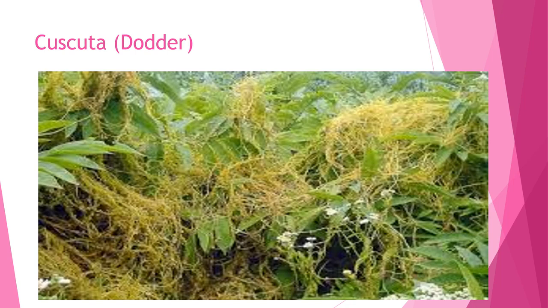These stems twine around the stem and branches of the trees on which it climbs. They obtain their food through roots that grow from the base of the stem. So it completely depends upon the host plant, and it is called a complete parasite.